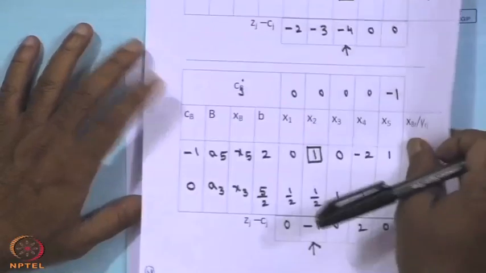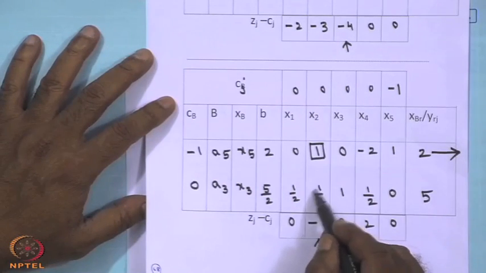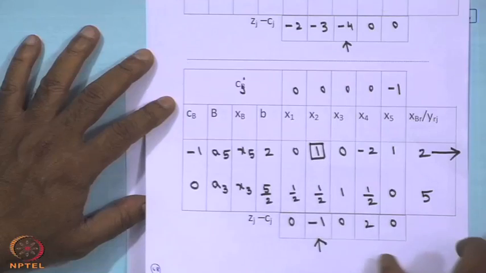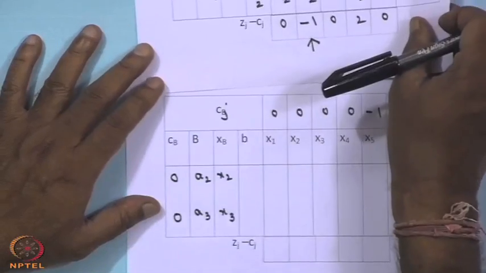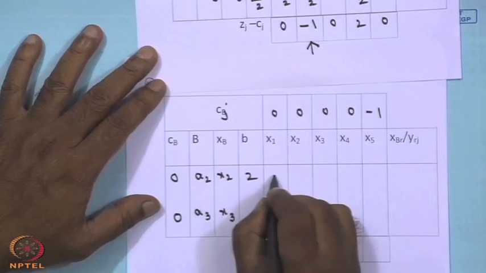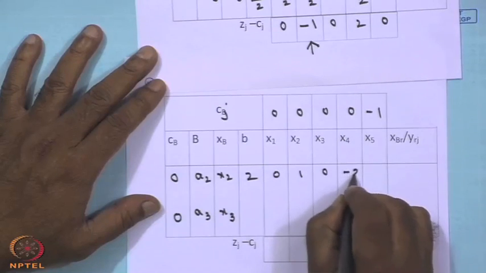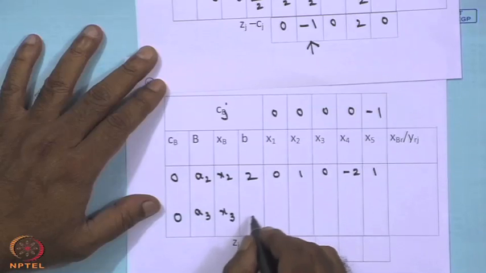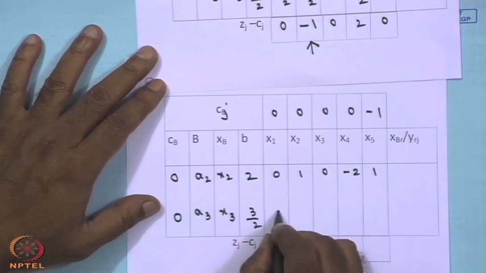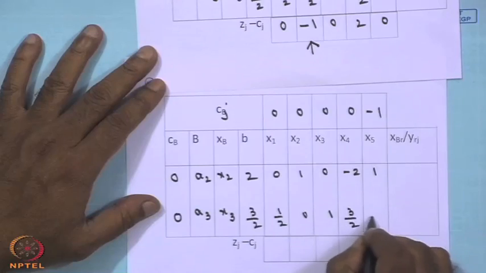So, if you see this is already 1. So, this row will remain same, only thing I have to make this element as 0, whatever operation we require we have to do it. So, I am writing again directly the values 2, 0, 1, 0, minus 2, 1 and the next one is 3 by 2, half, 0, 1, 3 by 2, minus half.